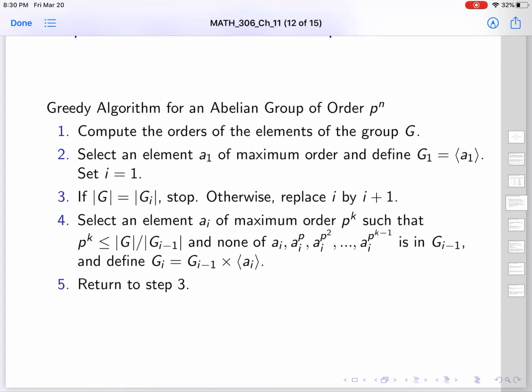We set i equal to 1 here. If the order of G is equal to the order of Gi, we can stop here. Otherwise, we replace i by i plus 1.